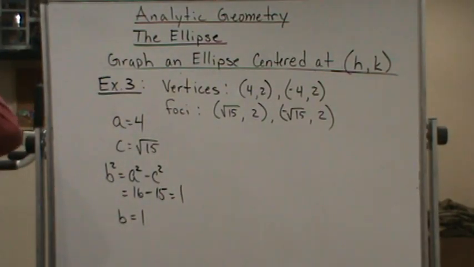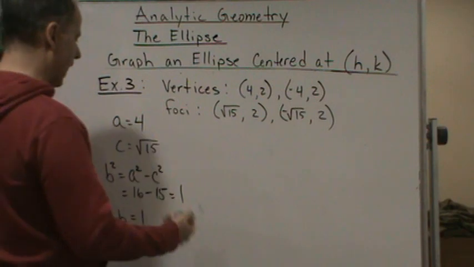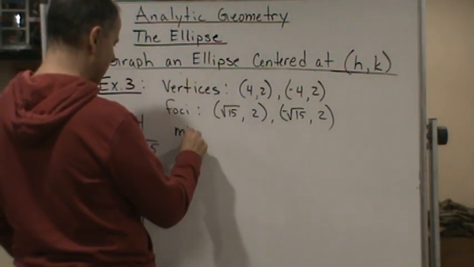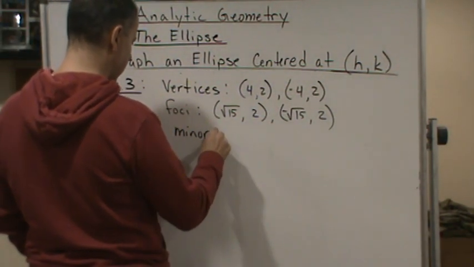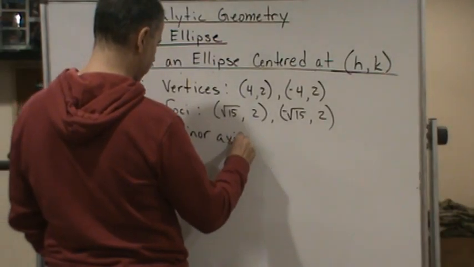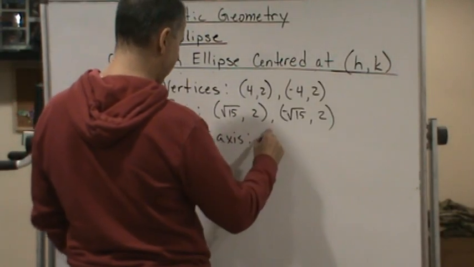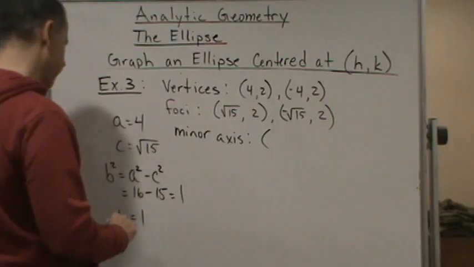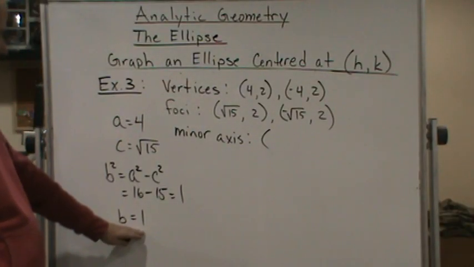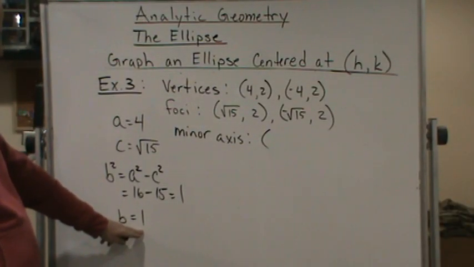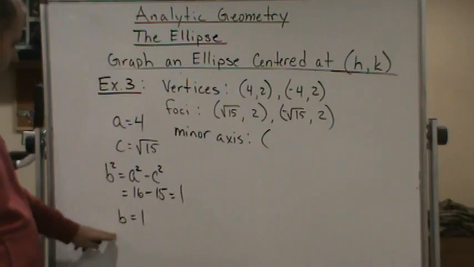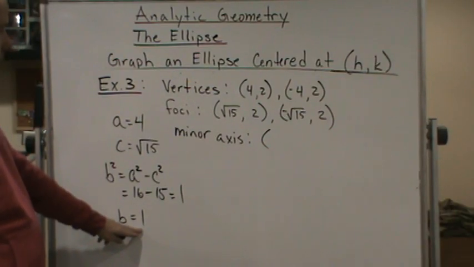And so that means the endpoints on the minor axis, the b coordinate, is 1. That's the length of b.